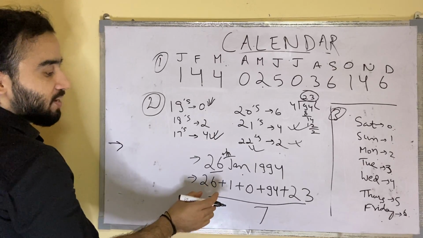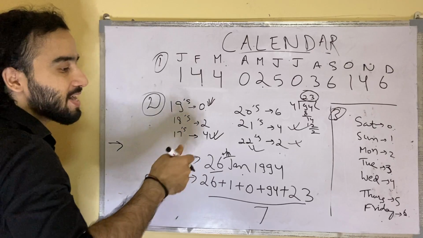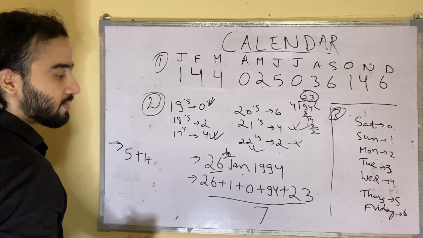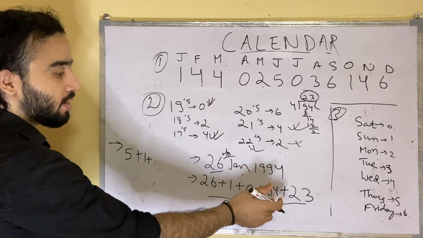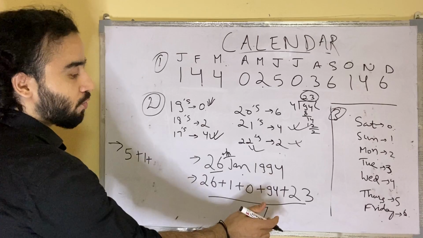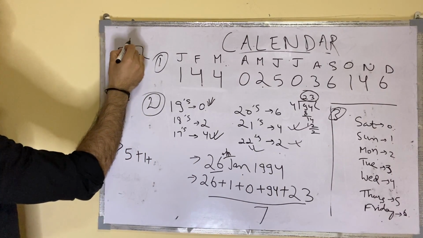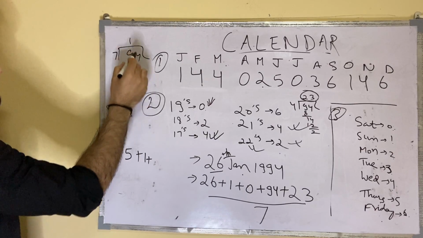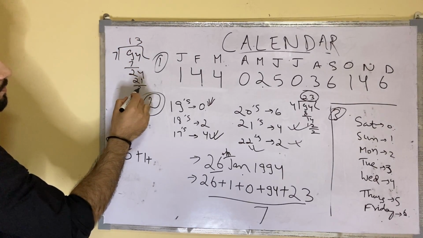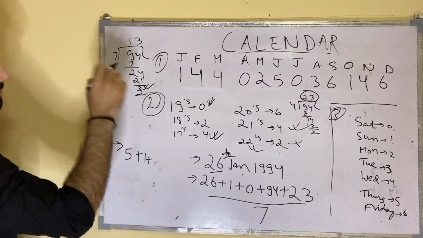If I divide 26 by 7, what do I get? 7 3s are 21, plus 5 is 26, so 5, plus 1, plus 0. I can't do anything with 0. And if I divide 94 by 7, 7 1s are 7, 7 3s are 21. Okay, I'm going to get 3.